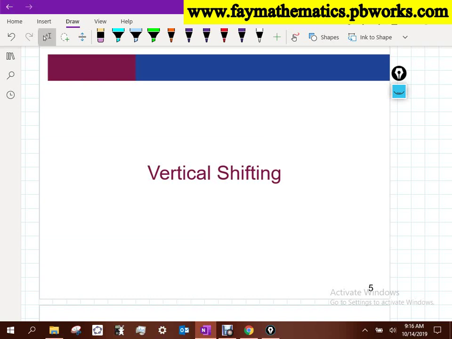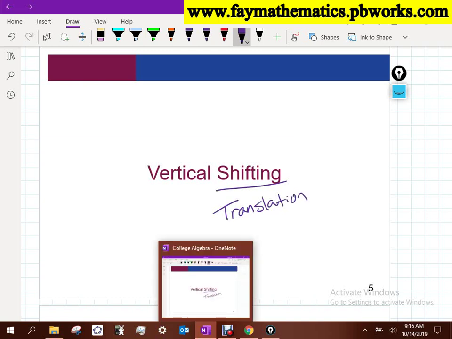Those are all important things to think about. Now, this text calls them vertical shifting. The math word is translation or translating. So you're probably hearing me say that more often than shift.